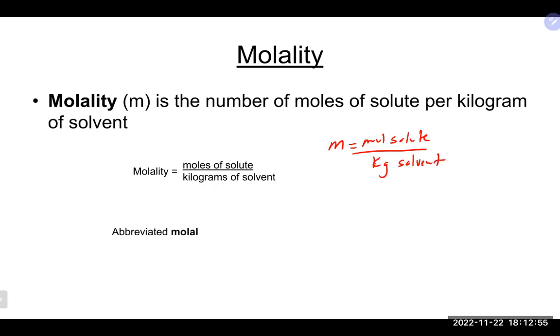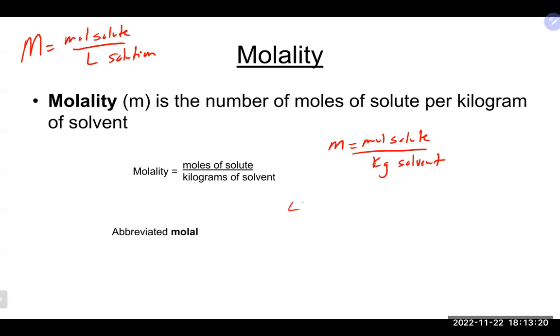That is different than molarity, which is moles of solute divided by liters of solution. So you shouldn't get these two confused. The moles of solute is calculated the same way. You can take grams to moles, but on the bottom, it's just kilograms of solvent.